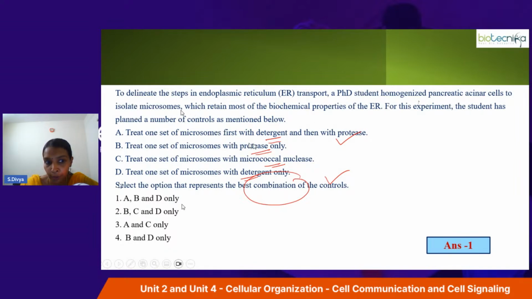When you are speaking of microsomes, do we need nucleases? Nucleases are responsible for degrading nucleic acids, so they have no role here. We are focusing on the ER. So A, B, and D should be the correct answer.